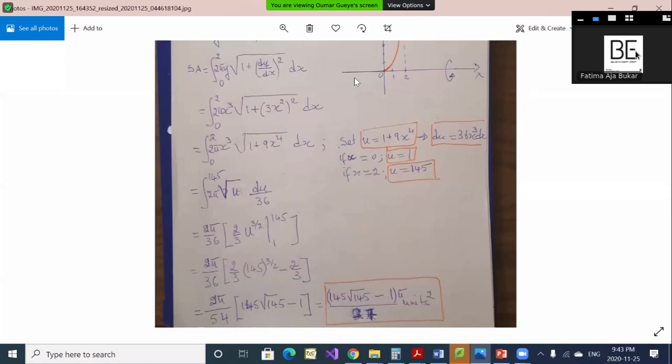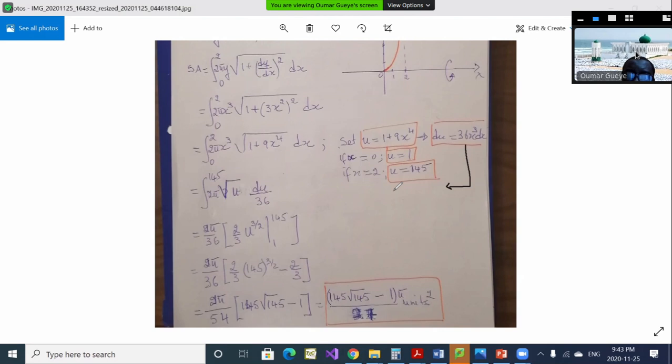No, because it's x cubed dx which is equal to du by 36 from here. But isn't it supposed to be du over 36x cubed? No, so just let me show you. You can see du over 36 is equal to x cubed dx, right?